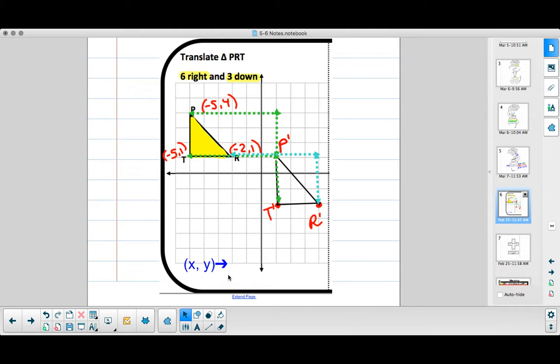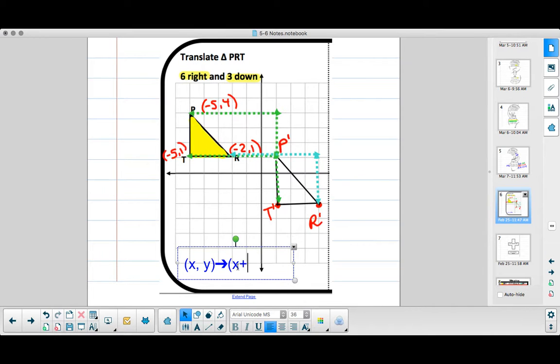What we do is we use something called arrow notation to indicate the change. So you start by just doing a regular ordered pair, x comma y, and then you draw an arrow. And then you start another ordered pair. And then this is where that a and b come in from the previous slide. So because we moved 6 to the right, that means we increase our x values by positive 6.